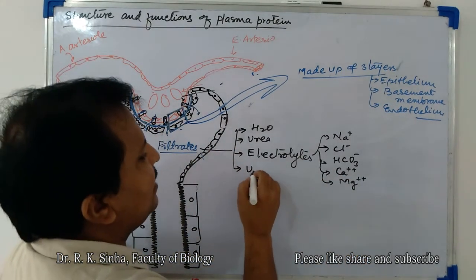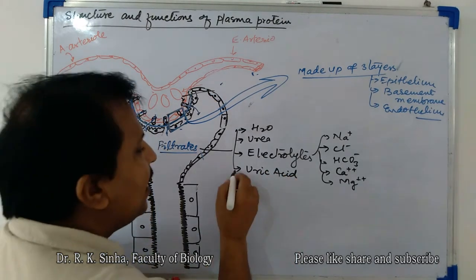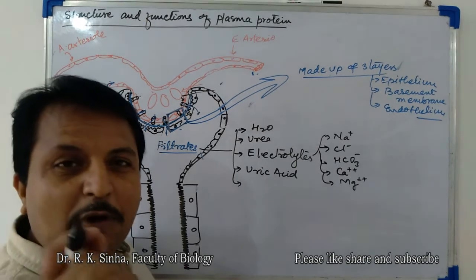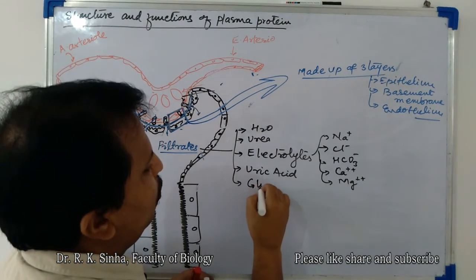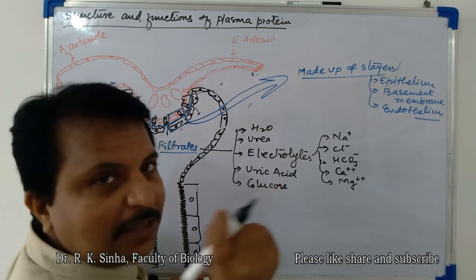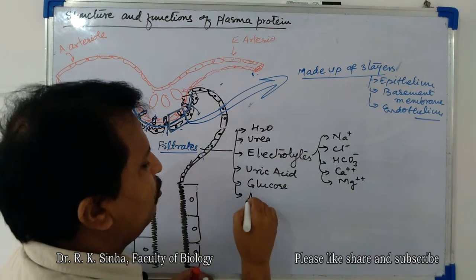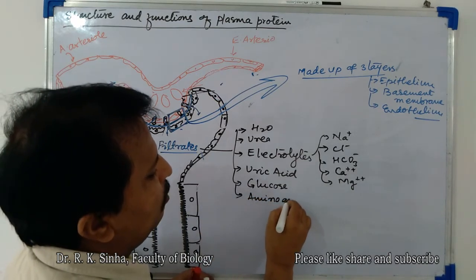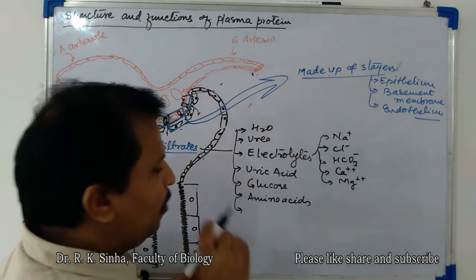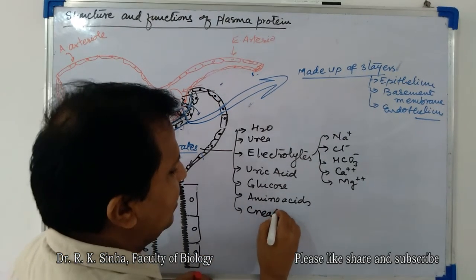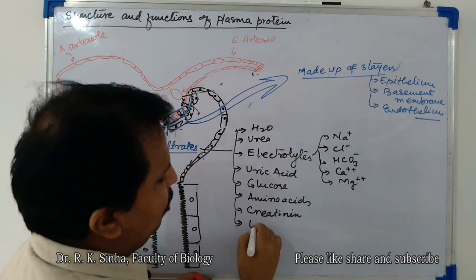Now uric acid and a smaller amount of a small size monosaccharide, glucose is also very small in size, that's why it can pass, and amino acids, then one protein, creatinine, and urochrome.